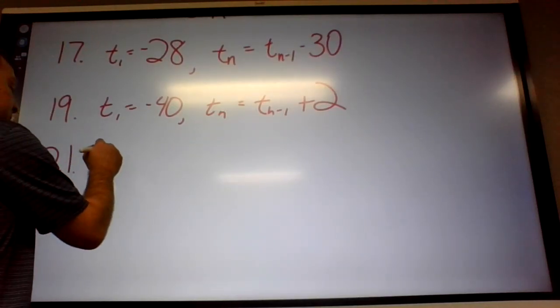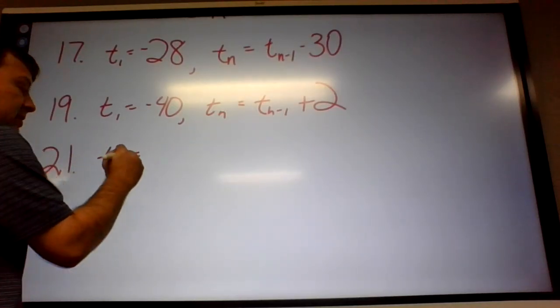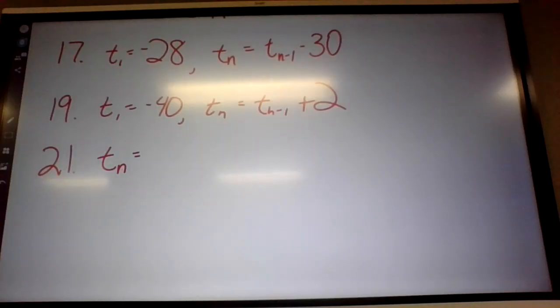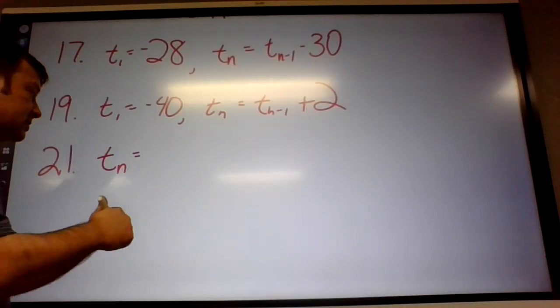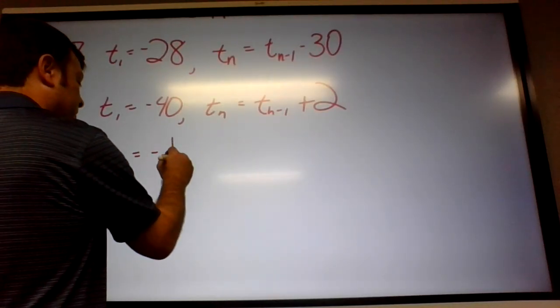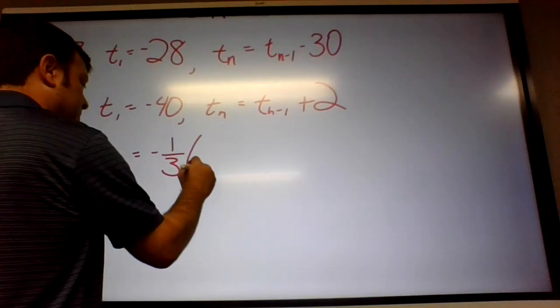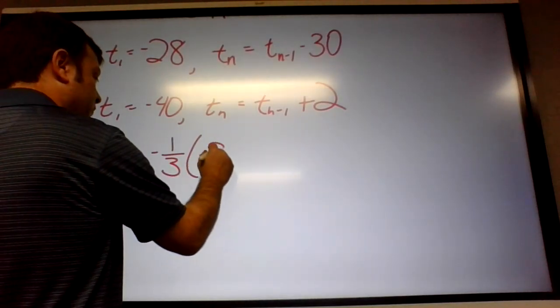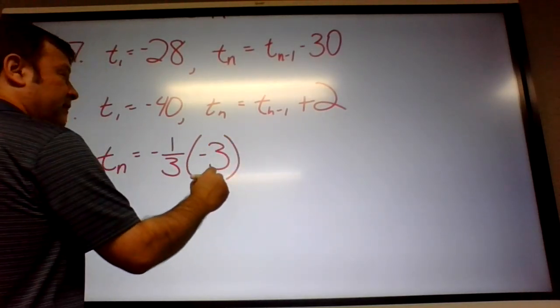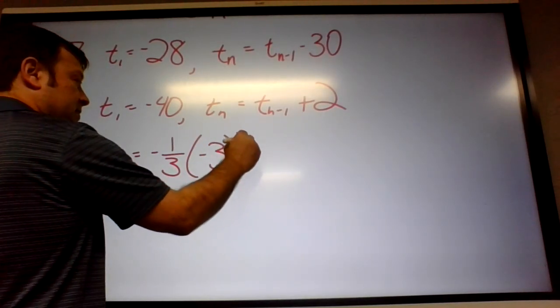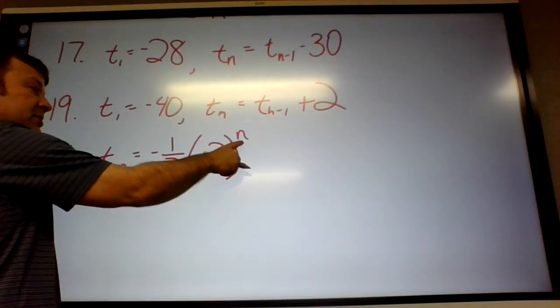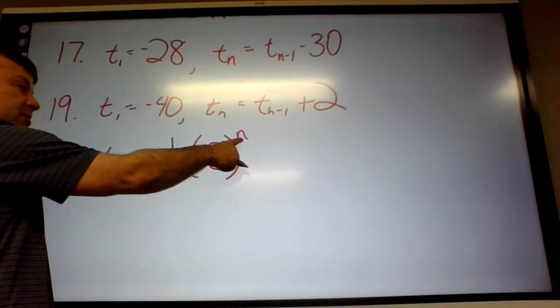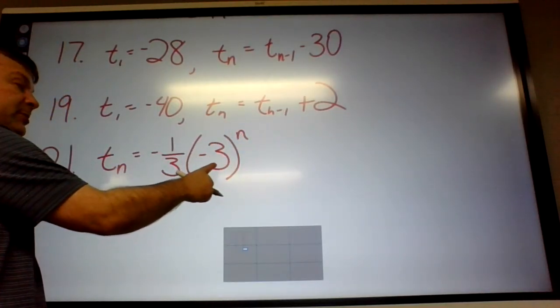So that means we need to back up 1. So if we divide by negative 3, it'll be negative 1/3. And then going forward, we want to multiply by negative 3 over and over. So we want this exponent to be the variable. As n increases, this gets multiplied more and more.